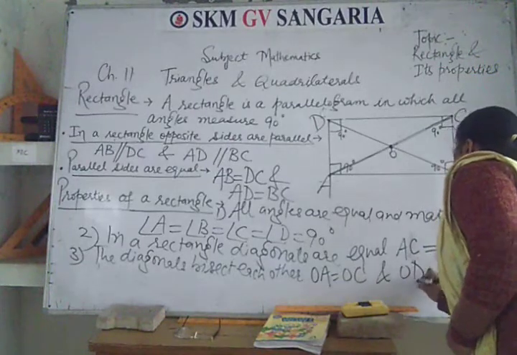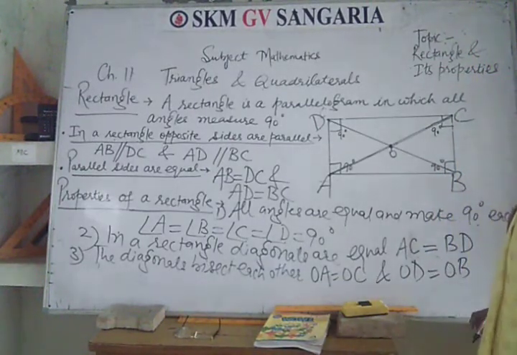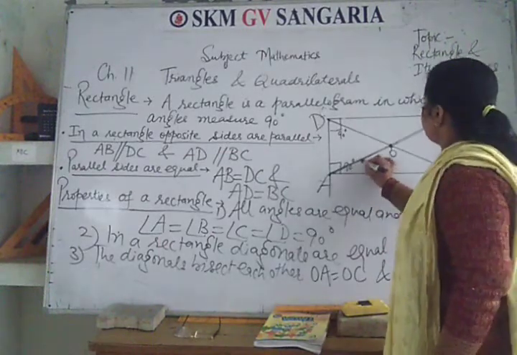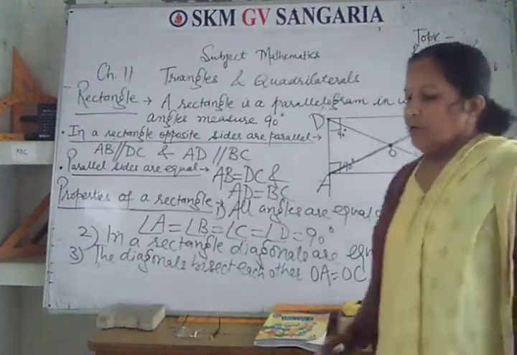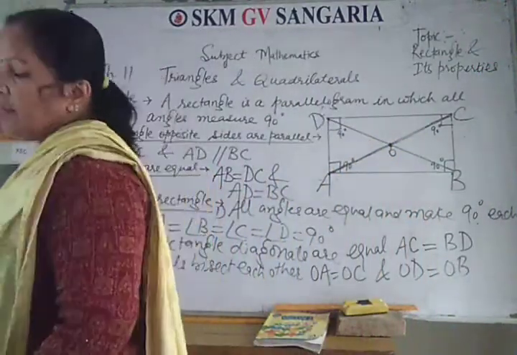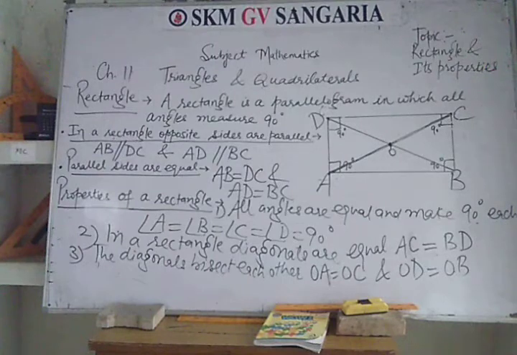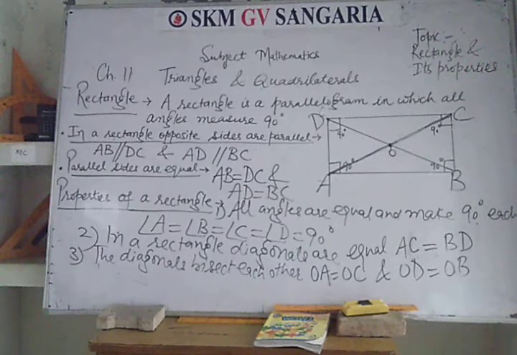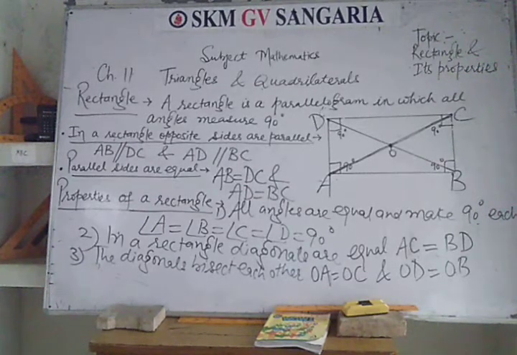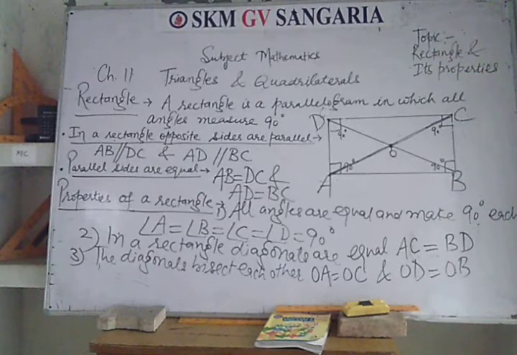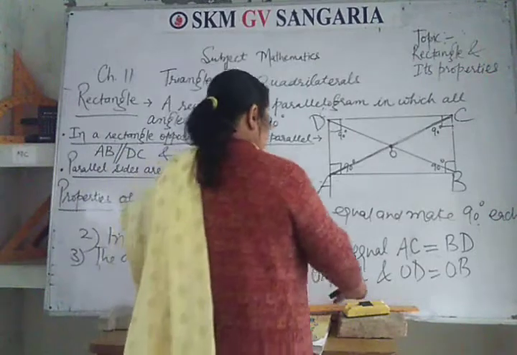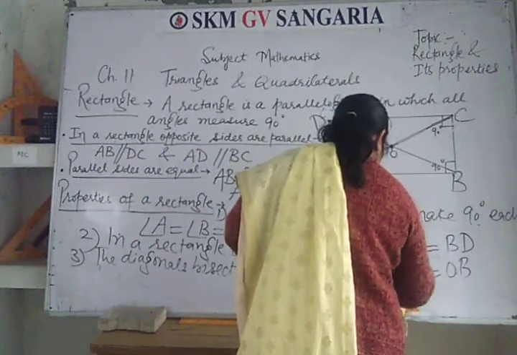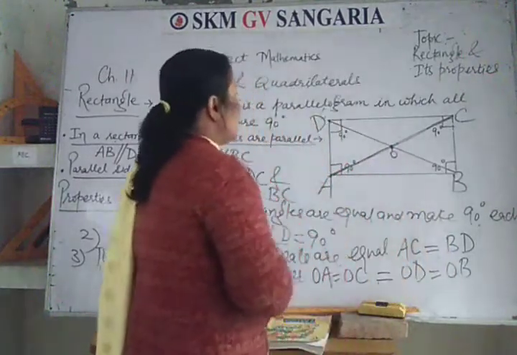In a rectangle, the diagonals bisect each other.